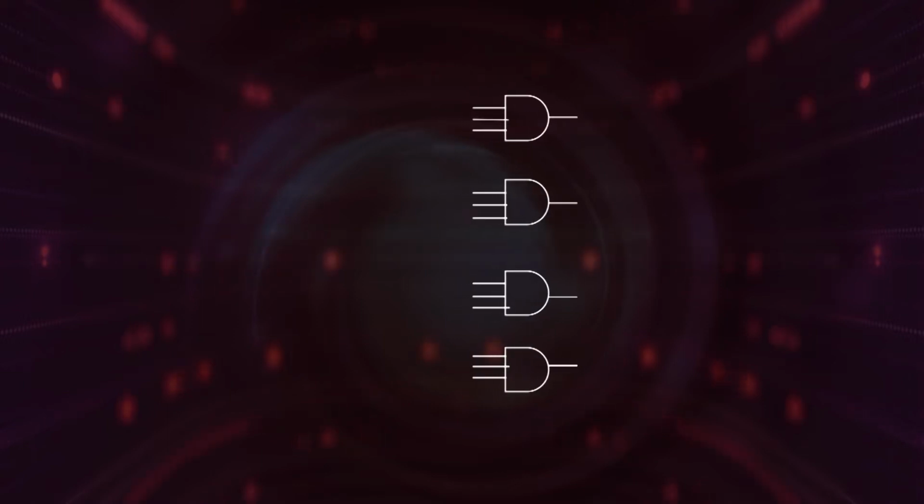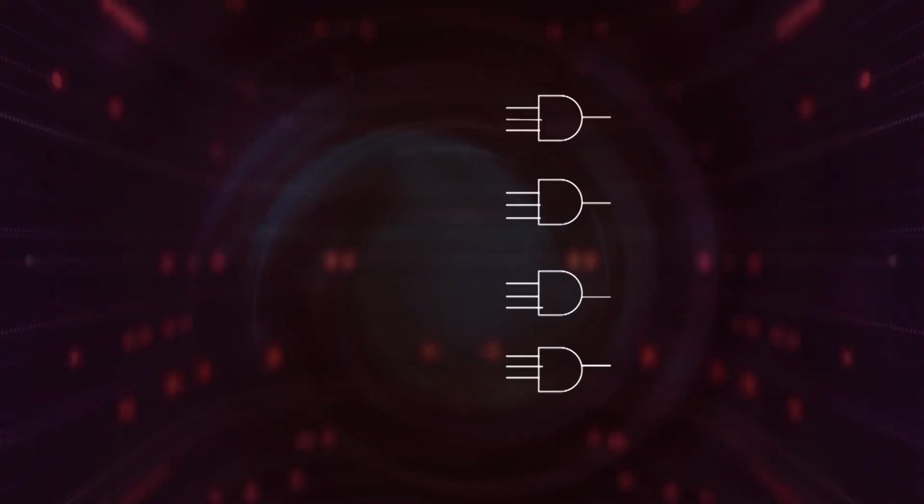Draw 4 AND gates for 4 terms, then connect the inputs required for each gate. We have been given 3 inputs A, B and C. Draw the input lines from A, B, C, and also you can draw the complemented lines by using inverters. Then draw 4 AND gates for product terms.